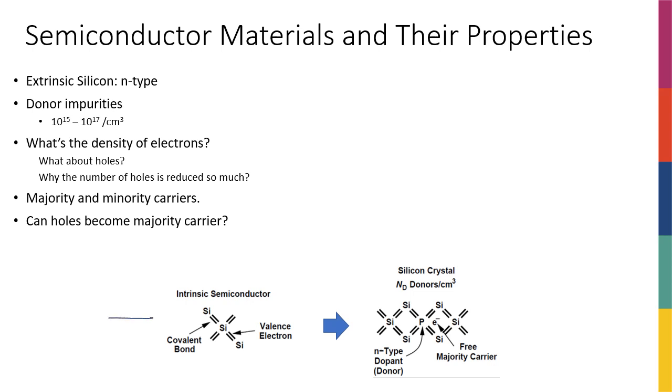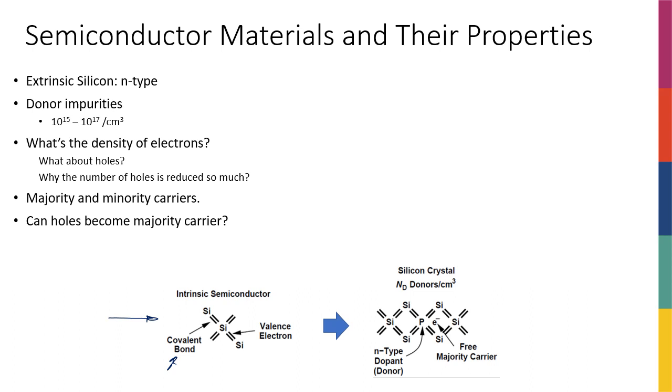So if this is my intrinsic semiconductor, my silicon crystal without any kind of impurity, we have these covalent bonds and these valence electrons shared between different silicon atoms. Now let's say that somehow, chemically or in some other way, we don't care about that, a phosphorus atom is introduced into this crystal, right?